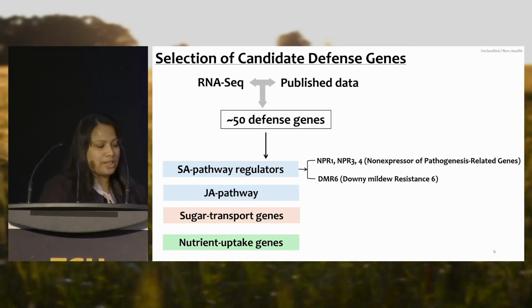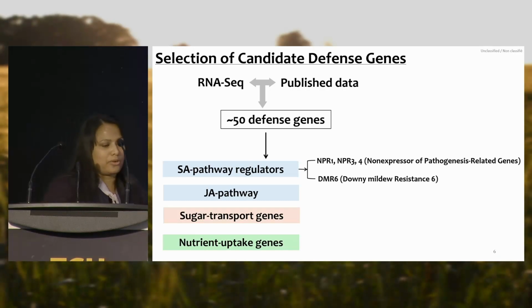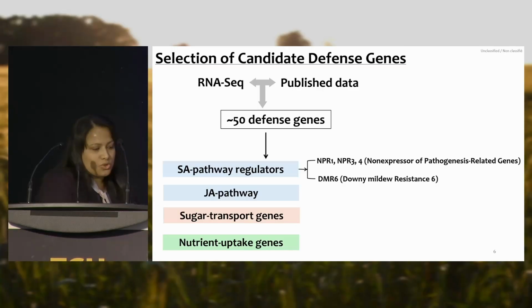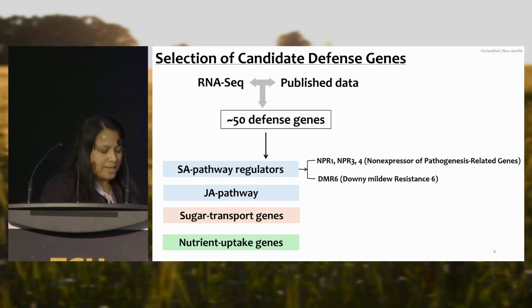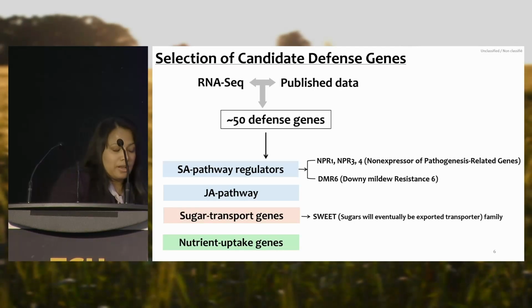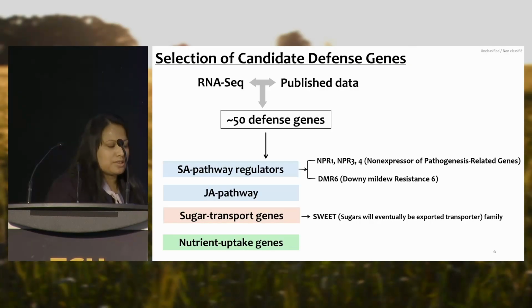DMR6 is particularly an important defense gene because it has been shown to be an effective susceptibility gene against many pathogens. Since those three genes suppress plant immunity, we selected them as silencing candidates. I'll also talk about some sugar transporter SWEET genes.